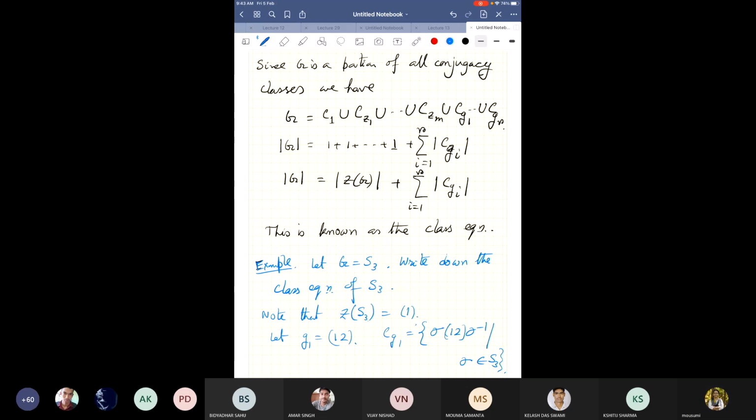Now can you explicitly tell me what the elements will be? It will be (1 2), (2 3) and (1 3). 3 elements, isn't it?